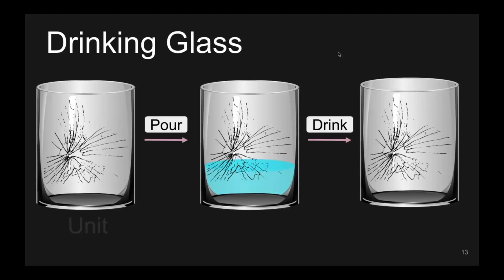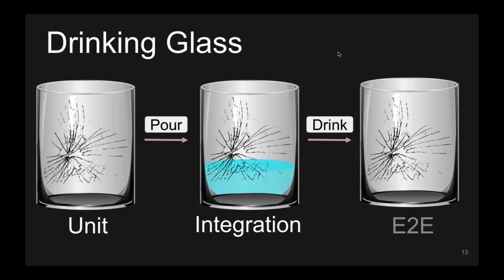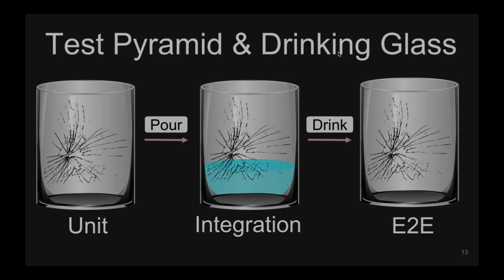Most likely I got some glass as well while drinking it, but ultimately I was able to drink something. So as I've mentioned before, it still matches our unit, integration and end-to-end flow. So functionally I'm still able to drink the water, my thirst was satisfied to some extent. So that's great, right? The test pyramid was satisfied.